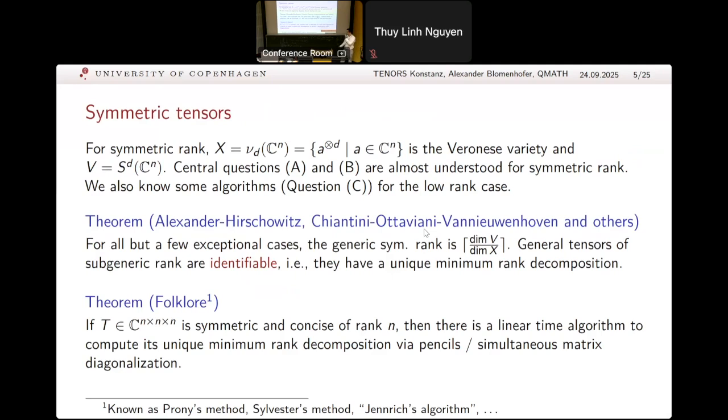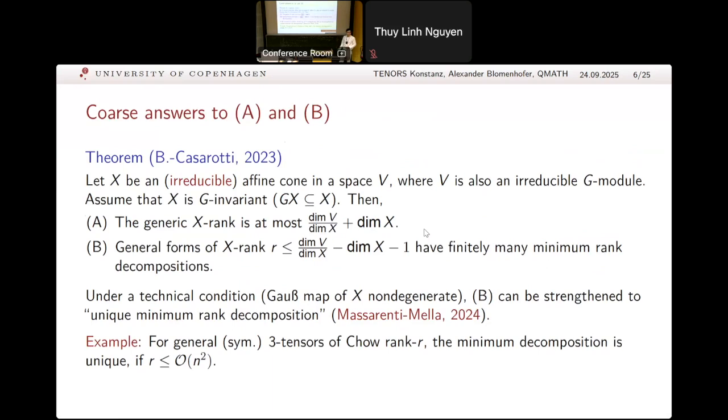So the origin story of this theorem is a little bit messy, but it is a very well-known result, and we know what to do for this case. And the nice thing is it works via simultaneous matrix diagonalization. Yesterday, Pascal Koiran gave us a lecture where he explained how to employ this algorithm, and that's very good, because this means I don't have to explain everything.